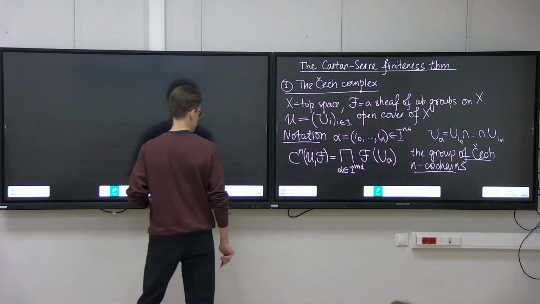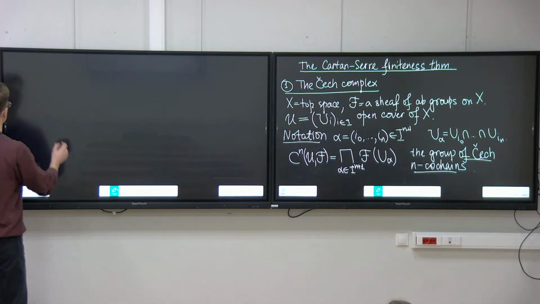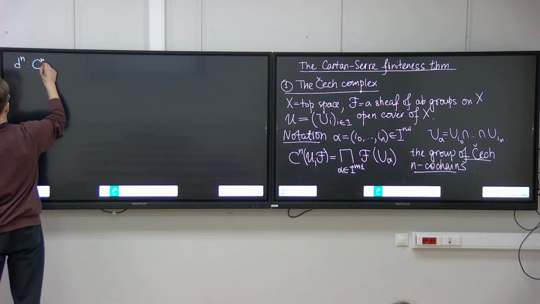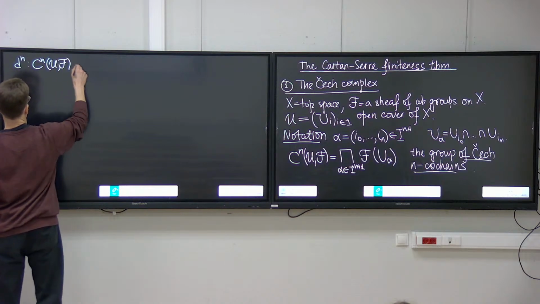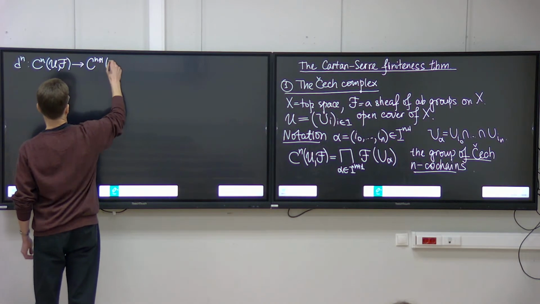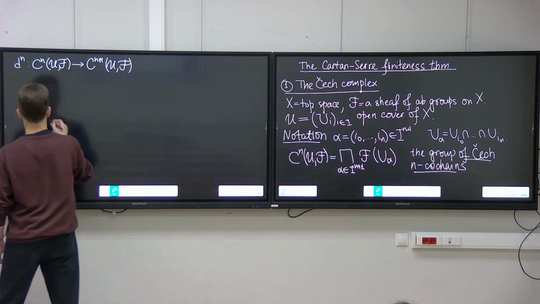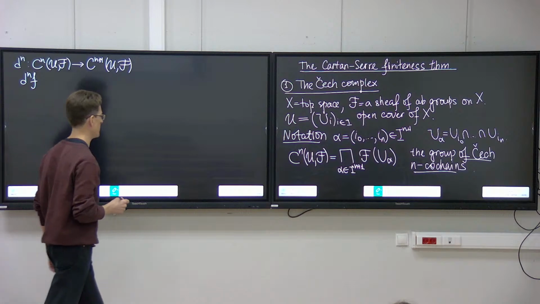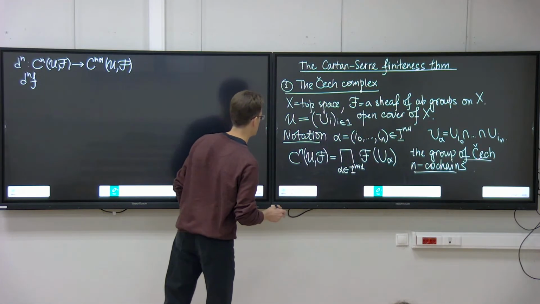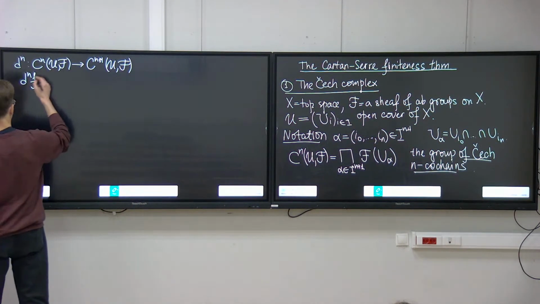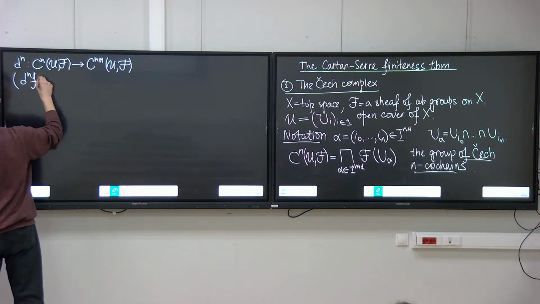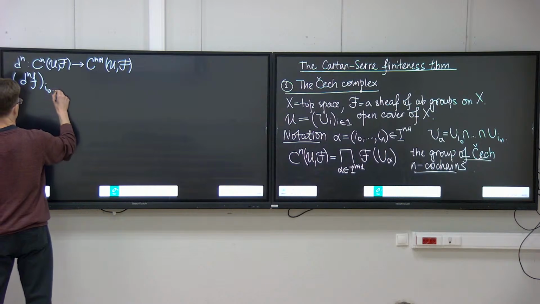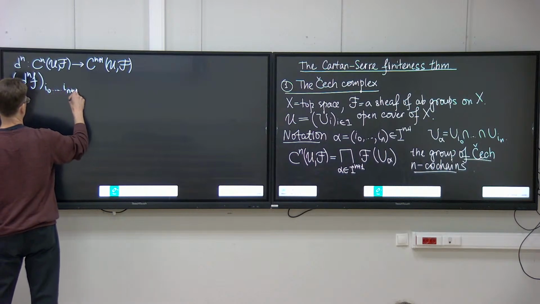These groups can be arranged into a cochain complex as follows. We define a map D^n from C^n to C^(n+1) as follows. To define D^n of f, we must explain what are the components of this cochain. So we must explain what is D^n of f indexed by i0 up to i(n+1).